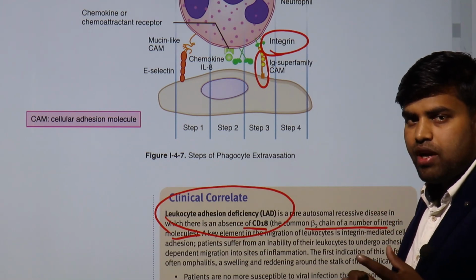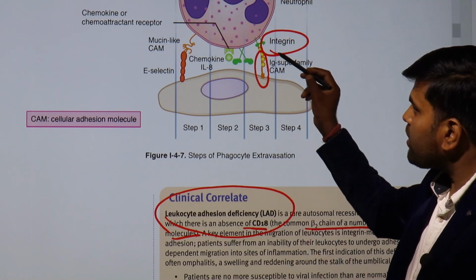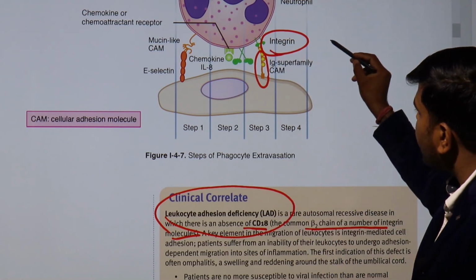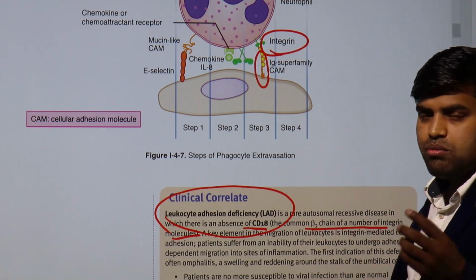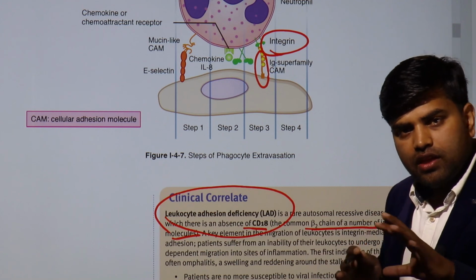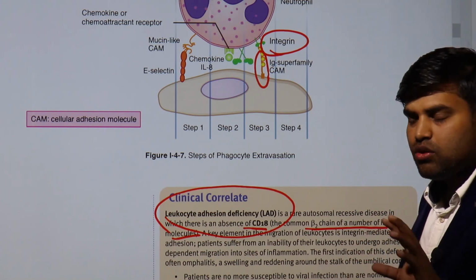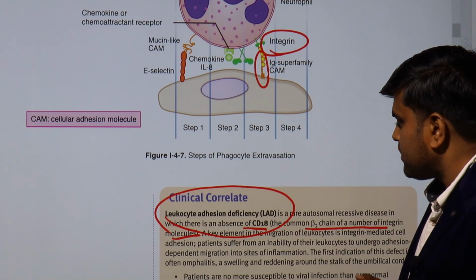In such a case, what will happen? There will be inflammation, but the phagocytic cells will not reach there. The phagocytic cells will actually be high in number in the blood vessel, but they are not able to come out and reach the inflammatory site. So at the inflammatory site there is no pus cell, there is no abscess, but inside the blood vessel there will be a high number of neutrophils.